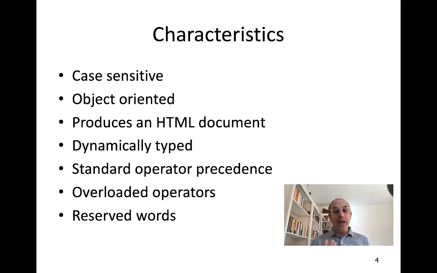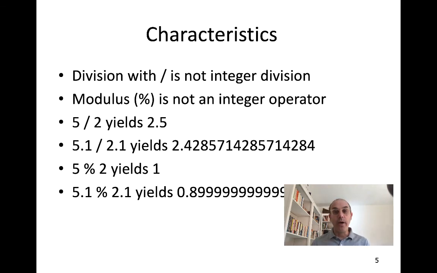JavaScript has a lot of characteristics. It is case sensitive, it's object oriented, and it also produces HTML. So we have to know those characteristics in order to understand how JavaScript works. One characteristic is integer division: the modulus percentage is not an integer operator.